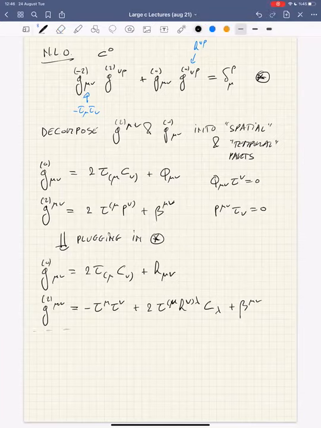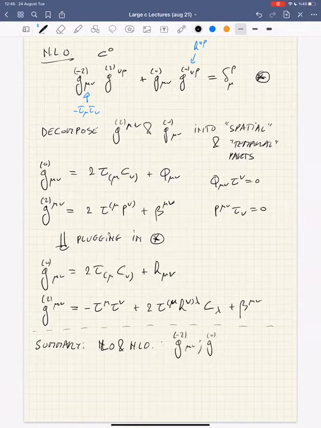If you go to leading order and next to leading order in the even power expansion, we have G minus 2 mu nu, we have G0 mu nu, and we also have G2 mu nu.